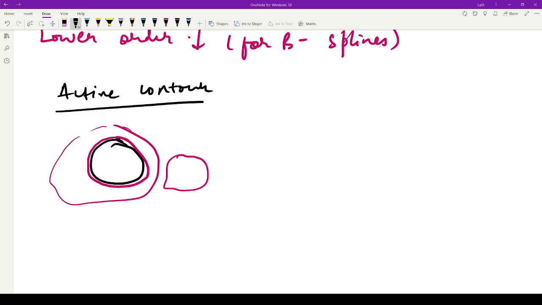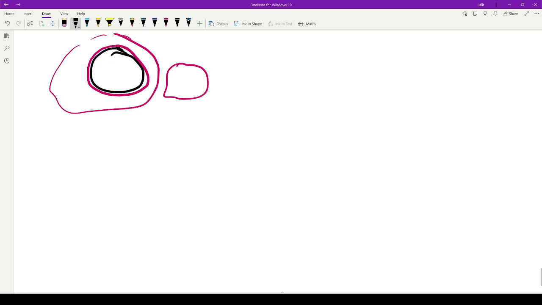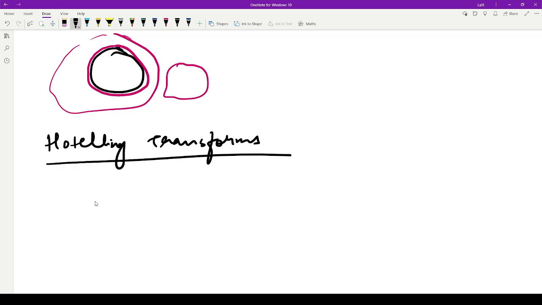So given this, the Hotelling transform was also discussed, which was initially done as the KL transform. The core idea here is that the elements are not correlated.